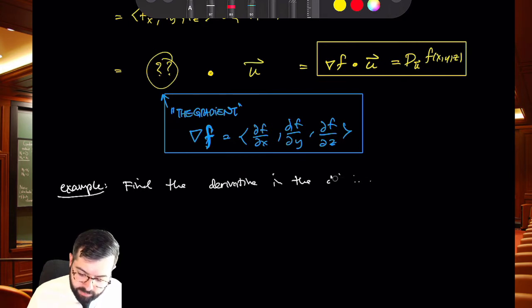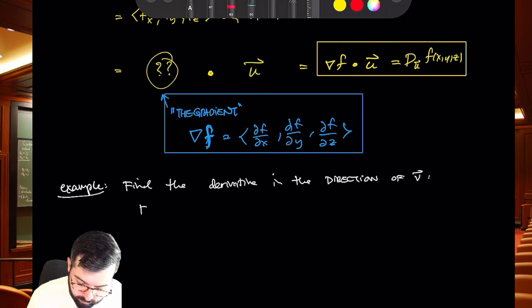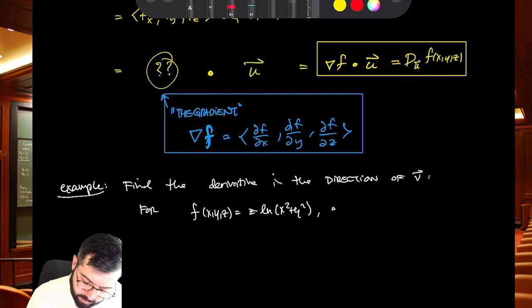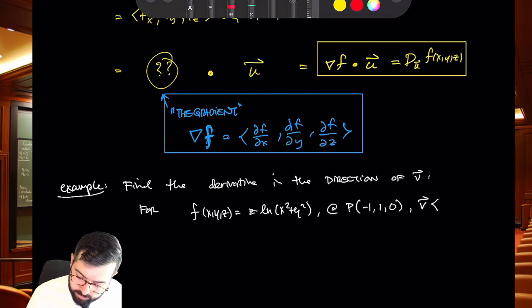Find the derivative in the direction for this function, f of x, y, z equals z ln of x squared plus y squared, at the point -1, 1, 0 in the direction of 2, 1, 1.